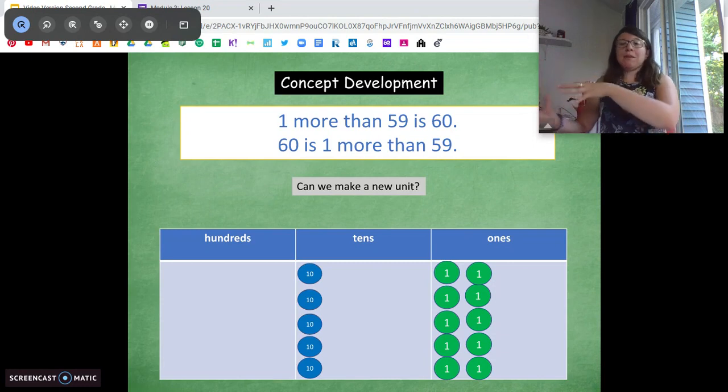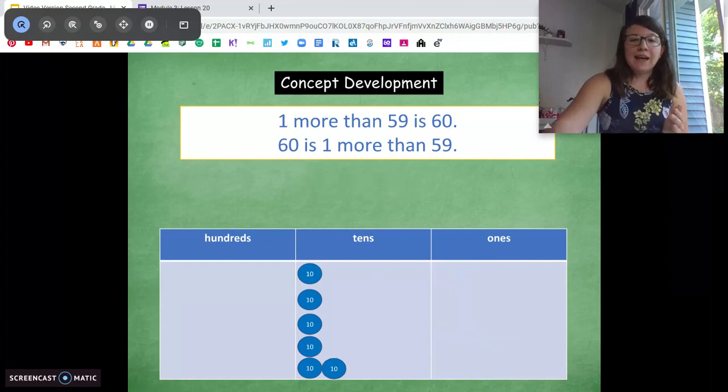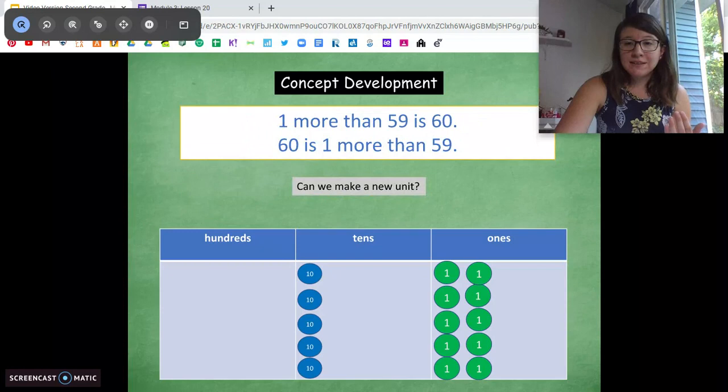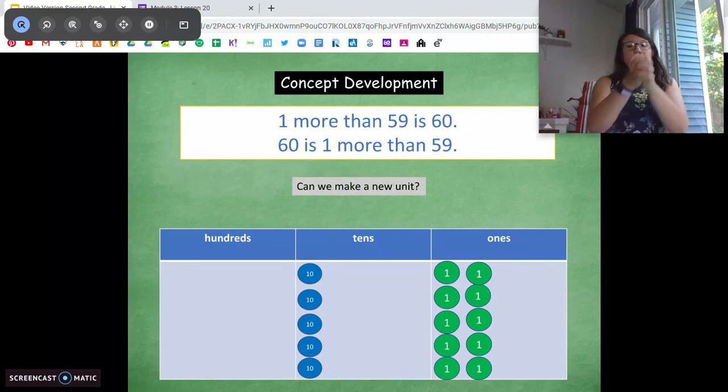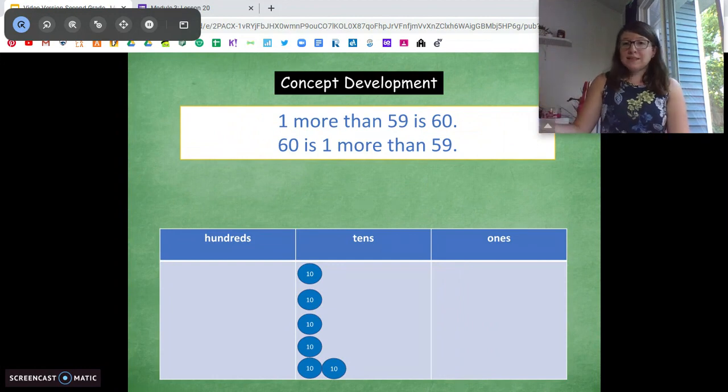I can scoop them up and move them over to make a 10. So 60, we can add that over into our tens place. So we have 6 tens that equals 60. So one more than 59 is 60. 60 is 1 more than 59.